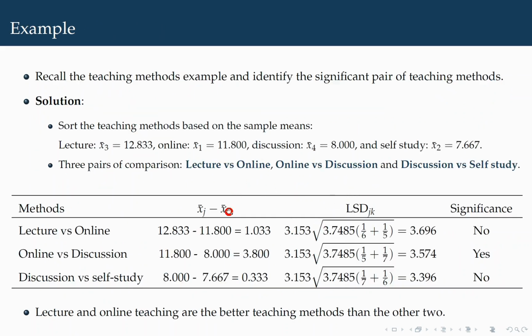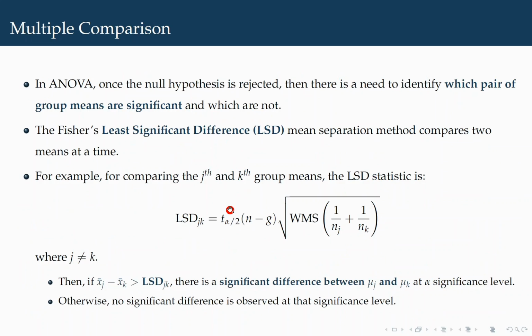So you can easily obtain t alpha over 2, t 0.05 over 2, that is t 0.025 with n minus g degrees of freedom. n is 24, g is 4, so 20.